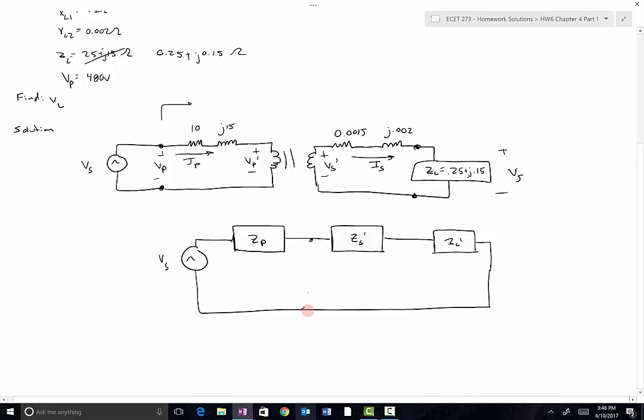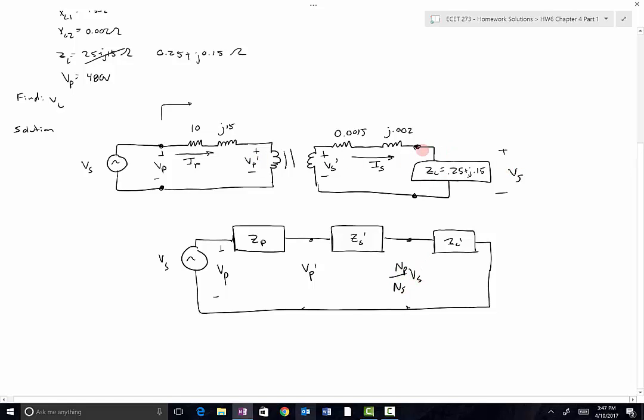This is going to be equal to VP prime right here. This right here is VS, which is also VP, the primary input. And then this here is going to be this voltage right here referred to the primary, so that's going to be NP over NS times VS. So anytime I refer a voltage over, I do it by the turns ratio.